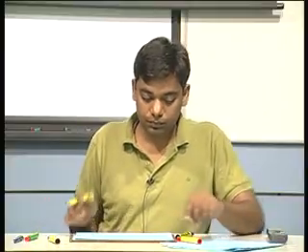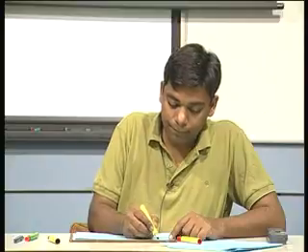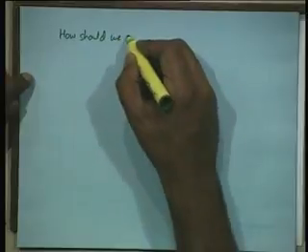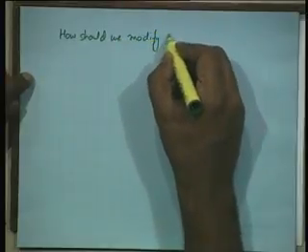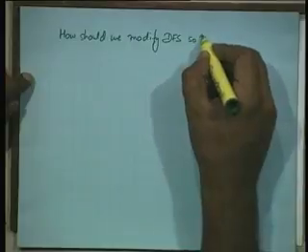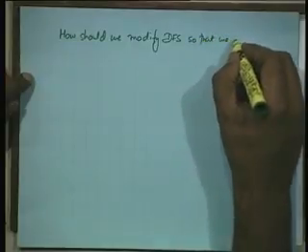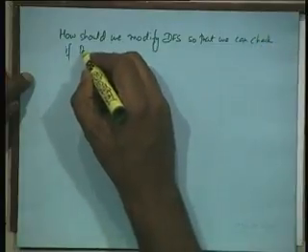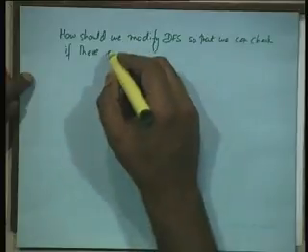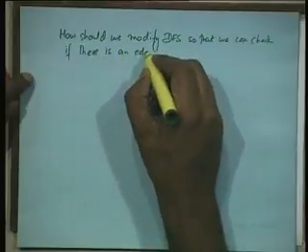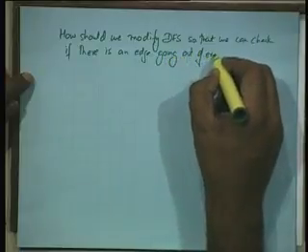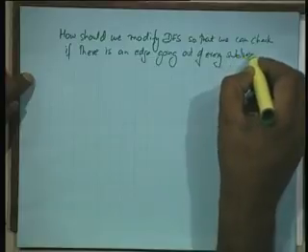So, how am I going to check this requirement? How should we modify DFS so that we can check if there is an edge going out of every subtree, right?